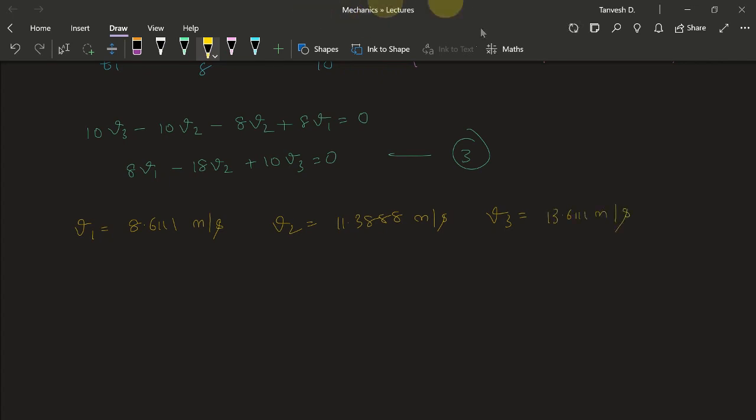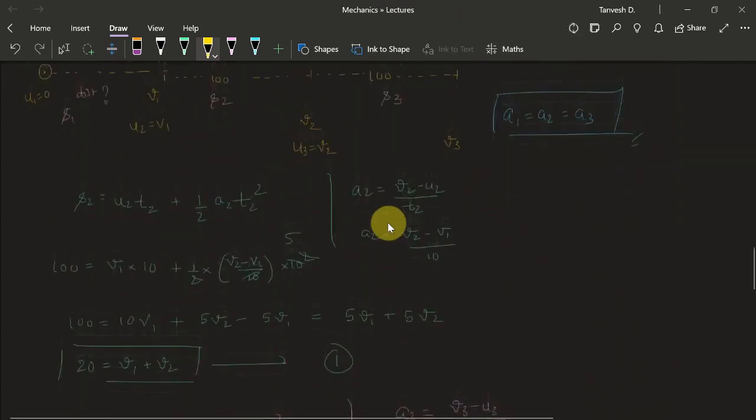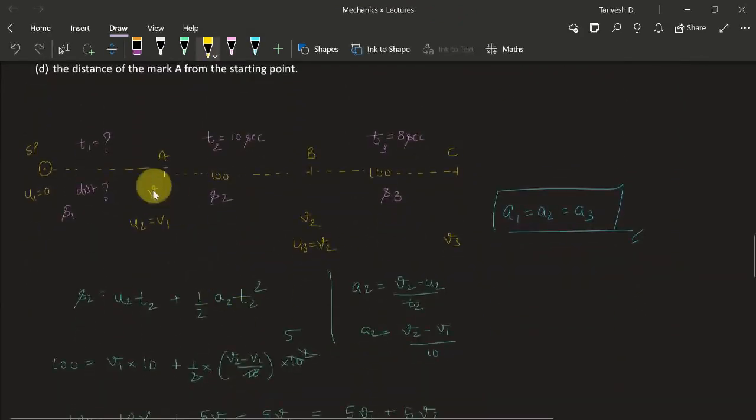So we found v1, v2, v3, I mean the final velocities at these points, v1, v2 and v3 we have found out.